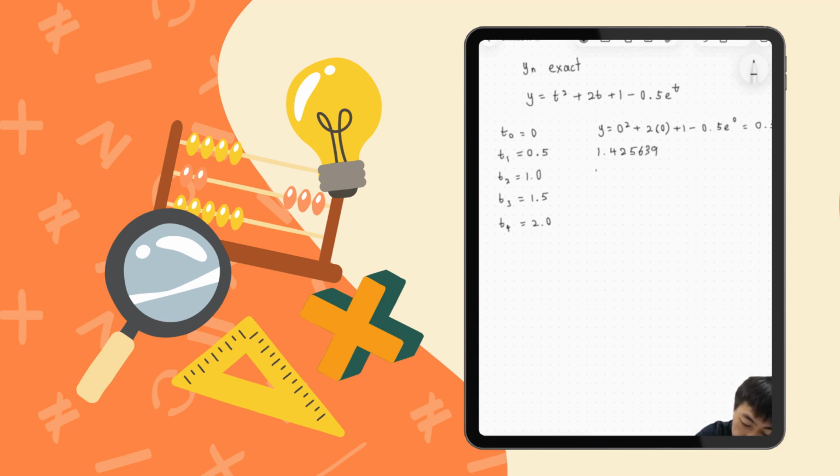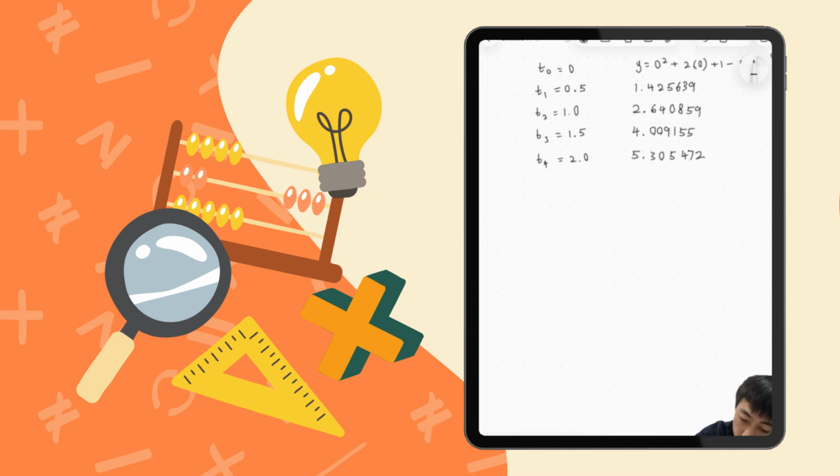For t2 we get 2.640859. For t3 we get 4.009155. And for t4 we get 5.305472.